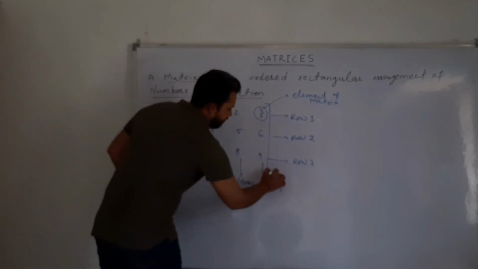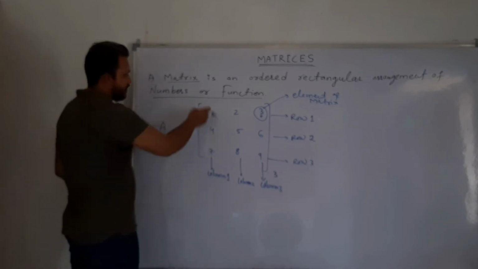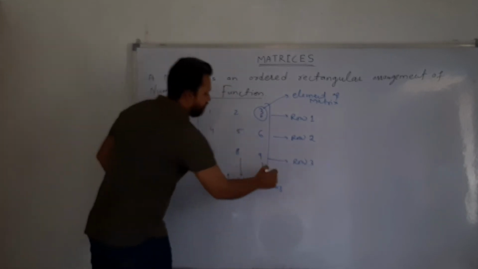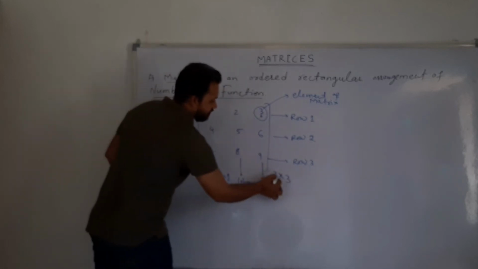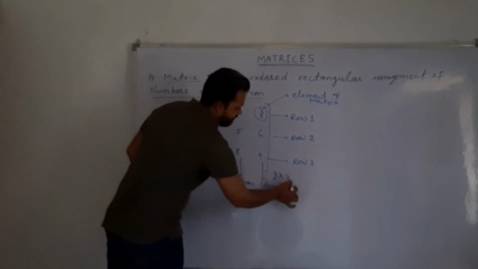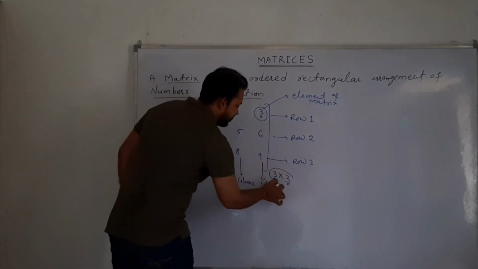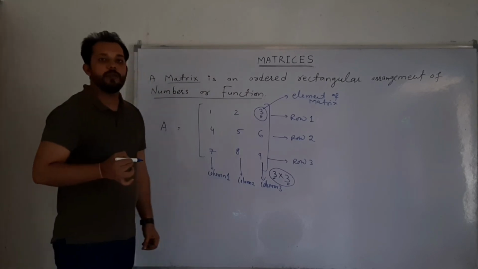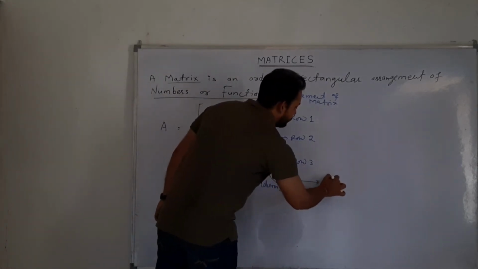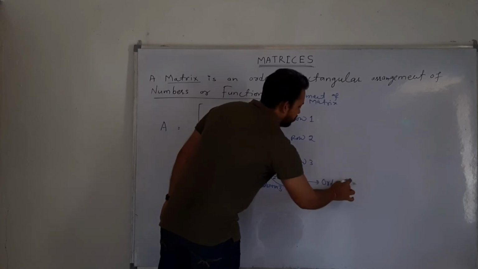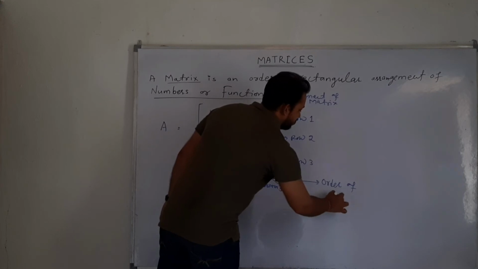So here we will write 3 because the number of rows is 3, and we have 3 columns, so we will write 3 cross 3. The first number represents rows and the second number represents columns. This representation is called the order of the matrix.